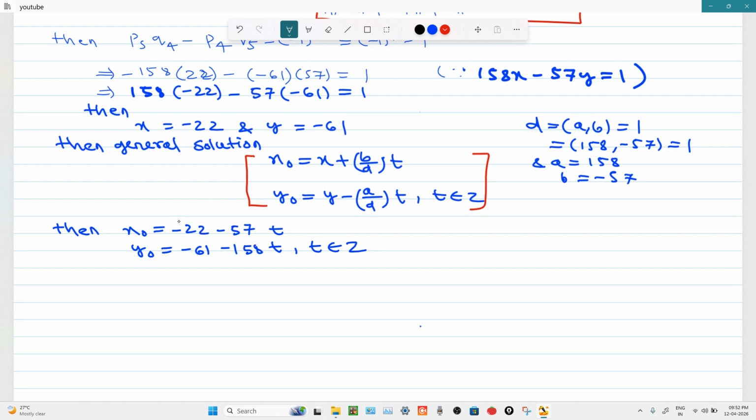We just put the values: x is minus 22 minus 57 times t, and this value is 1, this value also 1, and this value minus 57. So this is our solution.